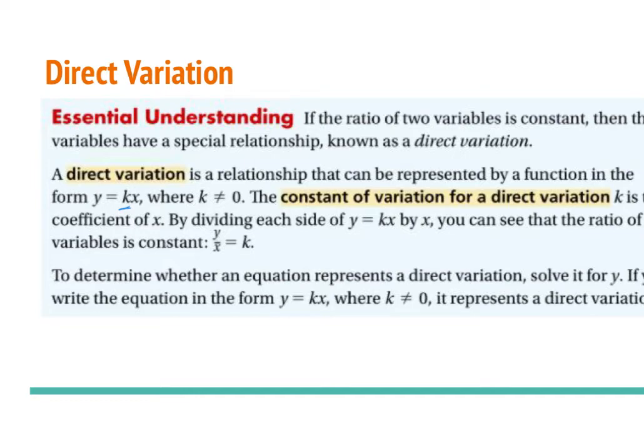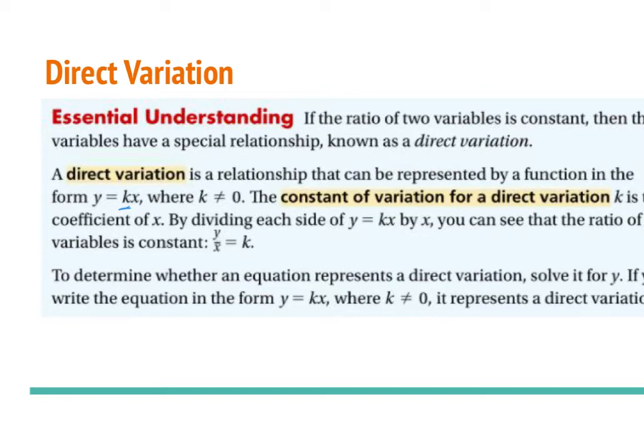The constant of variation, k, is the coefficient of x. So whatever's being multiplied by x when you solve for y, that will be your constant of variation. By dividing each side of y equals kx by x, you can see that the ratio of the variables is constant. So y over x is equal to k.